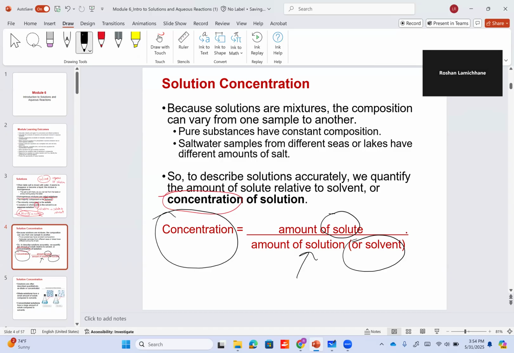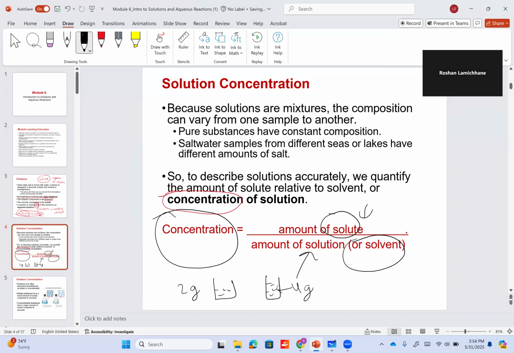Let's say you have two solutions, one beaker and a second beaker. In the first beaker, I have 2 grams of NaCl dissolved in 50 ml of water. In the second one, let's say I have 4 grams of NaCl dissolved in the same volume of water.